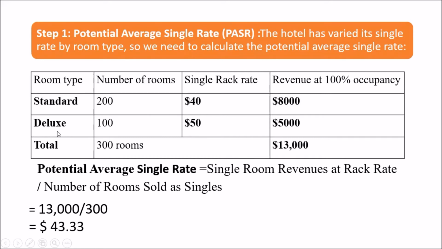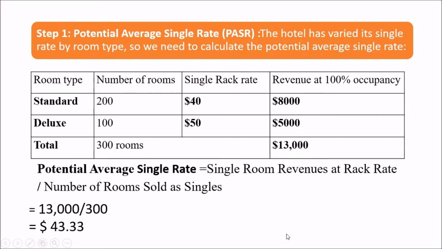And for the deluxe rooms, 100 rooms are there, and if we sell the deluxe rooms at $50, which is the single occupancy rate, 50 multiplied by 100 gives you $5,000. So the total revenue received when we are selling all 300 rooms on single occupancy is $13,000.